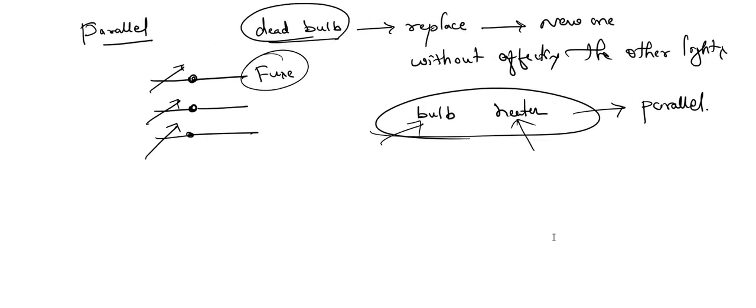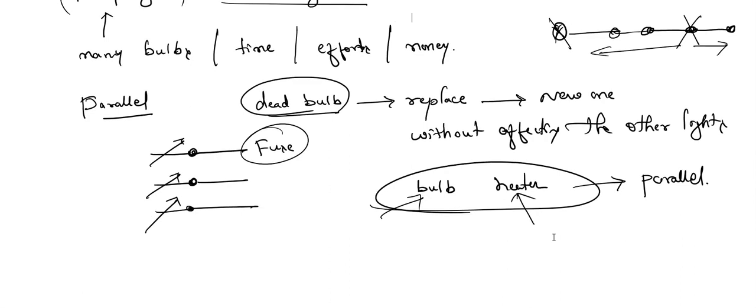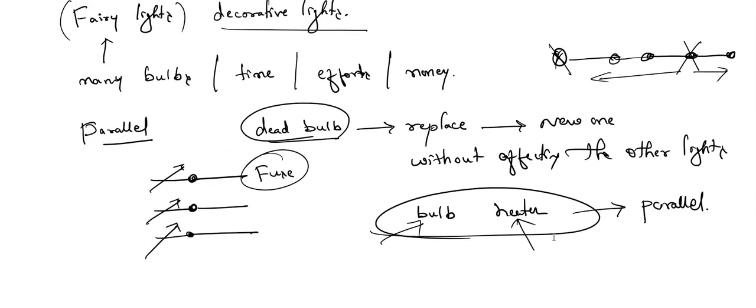Did you understand? So these are the basic concepts related to when resistors are connected in series and parallel. In this class we have discussed when the resistors are connected in series as well as in parallel, and how they operate.